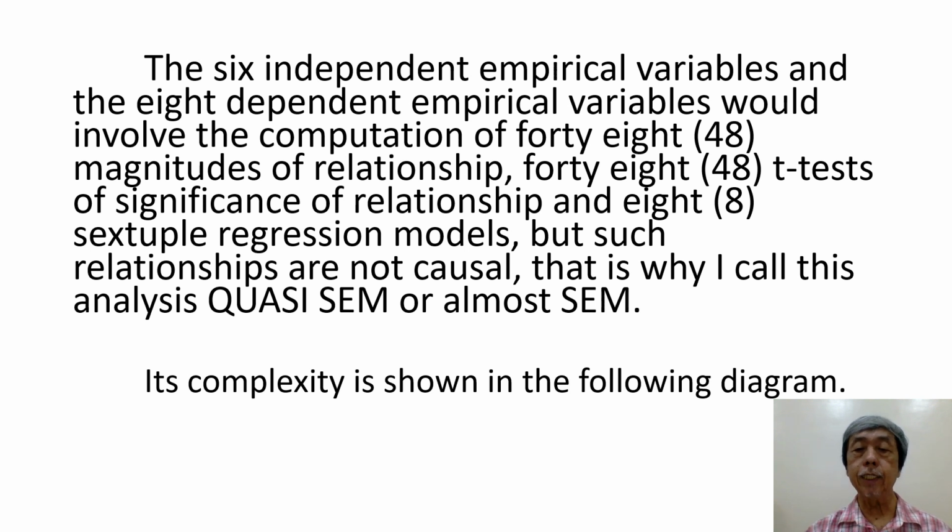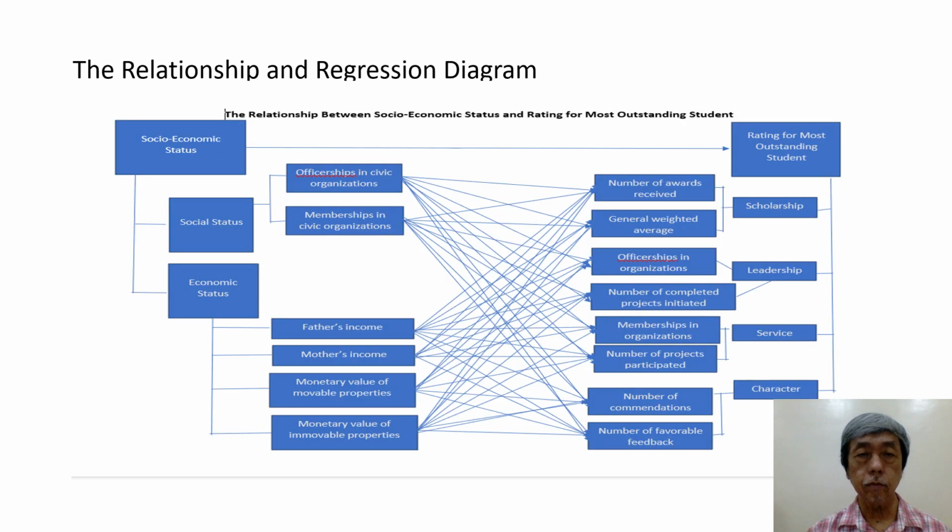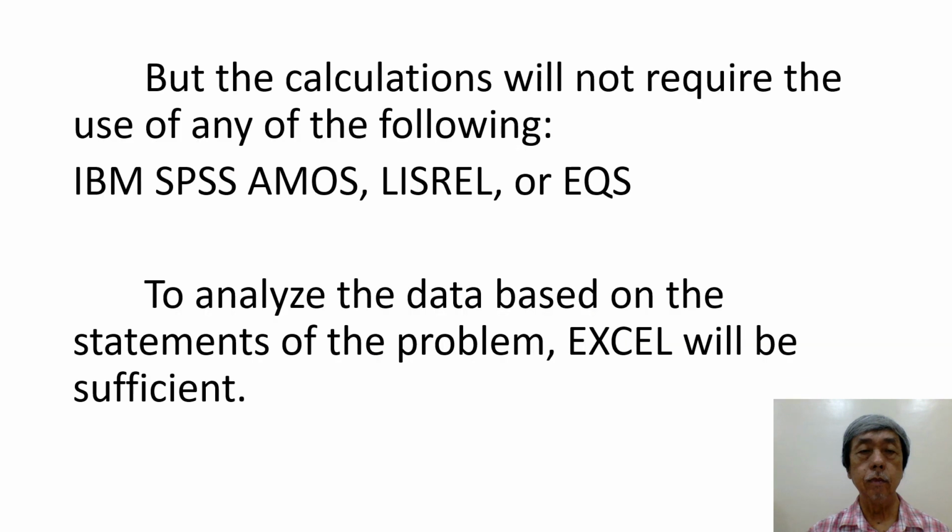Its complexity is shown in the following diagram. But the calculations will not require the use of any of the following: IBM SPSS, AMOS, Lisrel, or EQS. To analyze the data based on the statements of the problem, Excel will be sufficient.